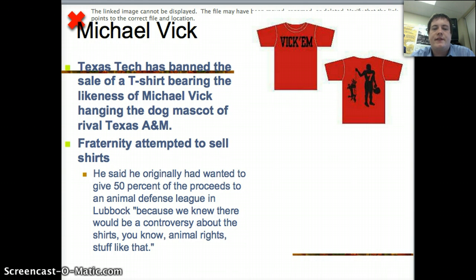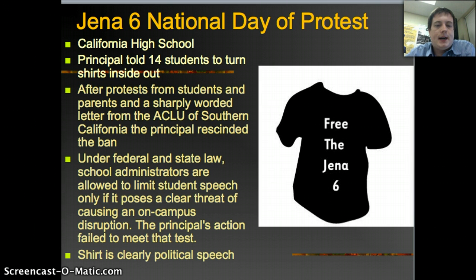They said they were originally going to give 50% of the proceeds to an animal defense league because they knew there would be controversy about the shirts, animal rights, stuff like that. This was in poor taste. In this case, they ended up just getting rid of the shirts. They stopped selling them.